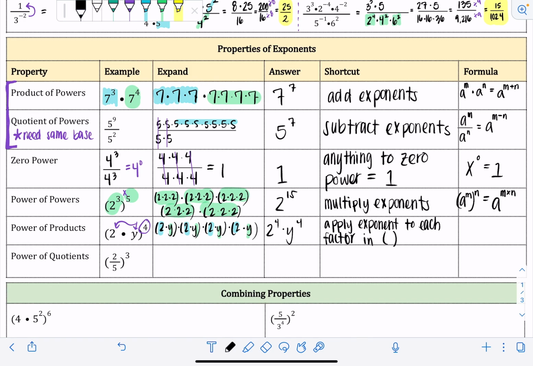Factors are just two pieces that can be multiplied together. So they don't have to be two numbers. It can be a number and a variable like it is here. In this case, 2 is a factor and y is a factor, so they each get that exponent. So it becomes 2 to the fourth and y to the fourth.